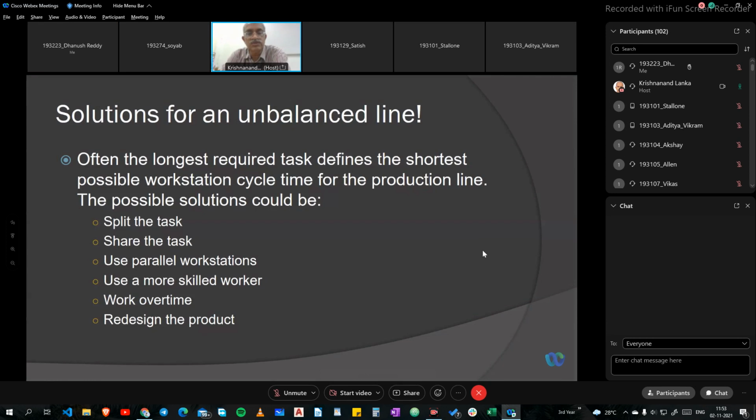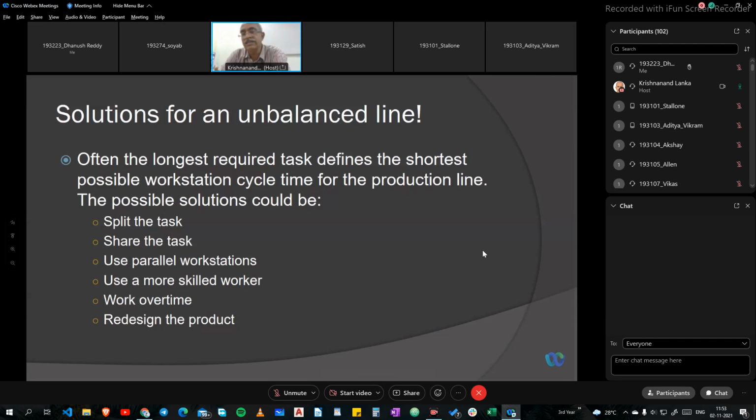If you can spread the task, divide the work so that it can be split into 2 tasks, and then one task is assigned to one workstation, another task is assigned to another workstation. That could be one solution.